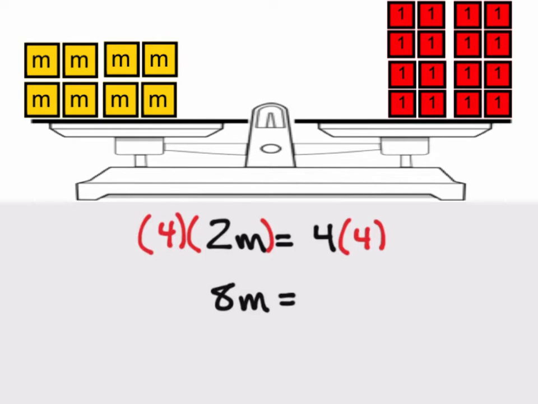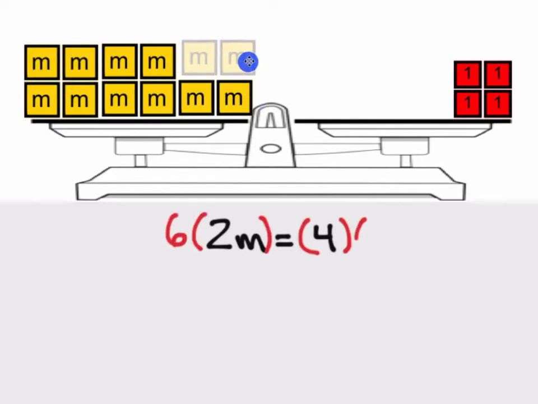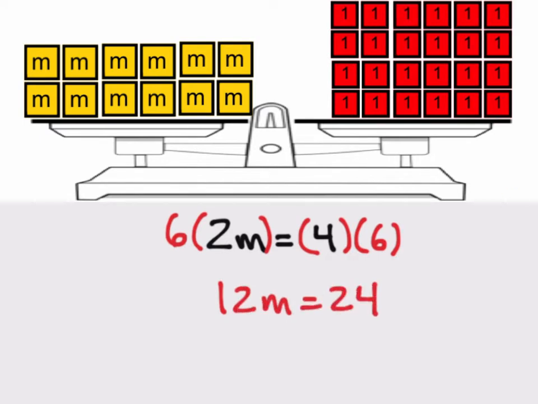We could have multiplied the weight on both sides of the scale by 6. And each of these times, the scale and equation remain balanced.